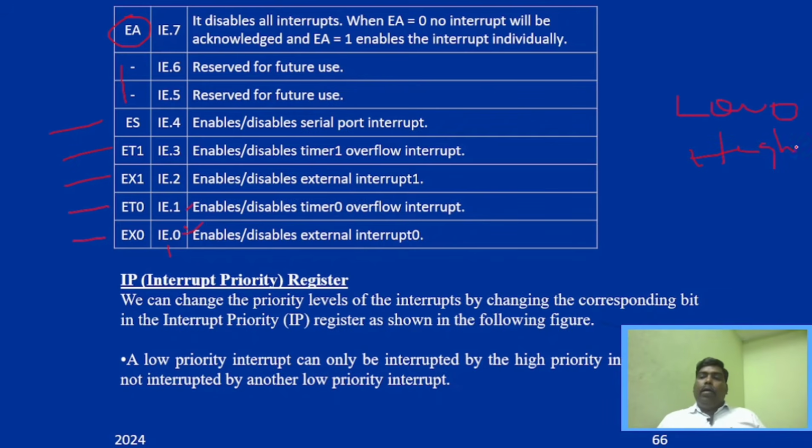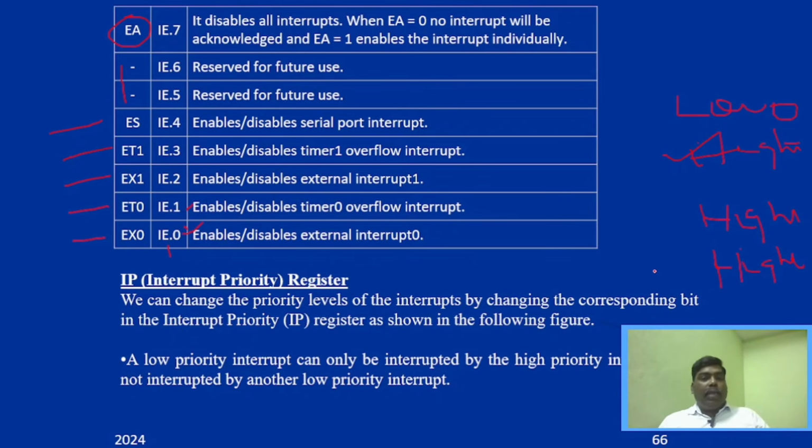If two interrupts come in, one low priority and one high priority, then definitely the interrupt priority register will give importance to the high priority one. If both the interrupts are high or both are low, then what will happen? Then the priority register will give priority based upon polling.